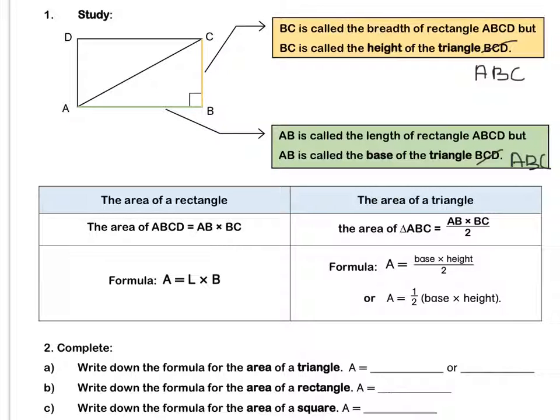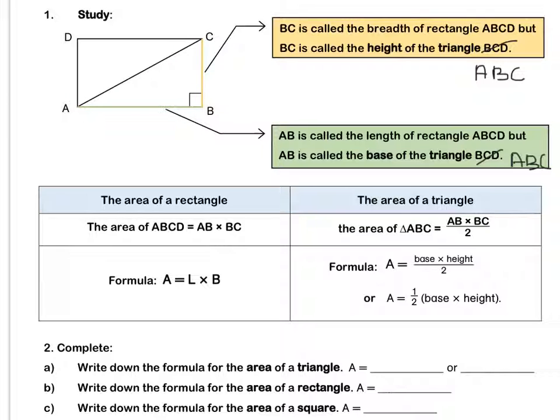Therefore, the area of triangle ABC is equal to AB times BC, which is the area of the whole rectangle. However, we still need to divide it by 2. So, it's the exact area of the whole rectangle divided by 2 to give us the area of the right-angled triangle.